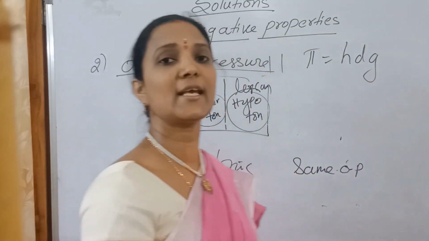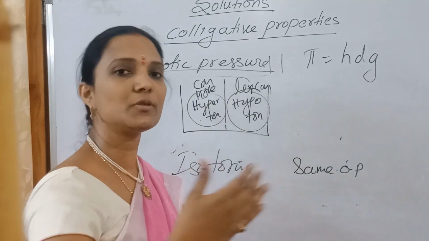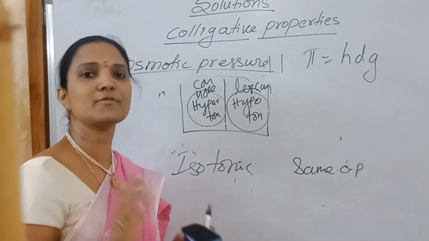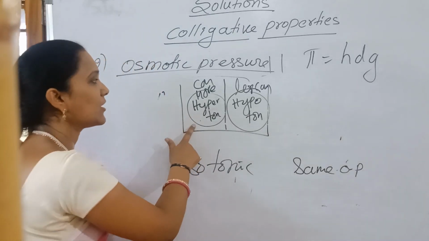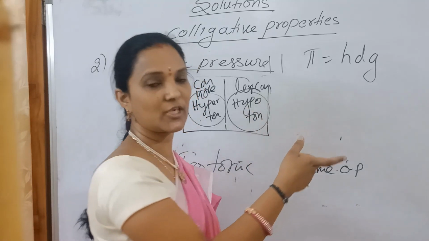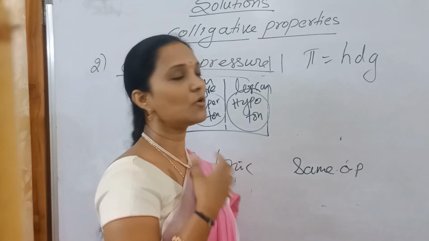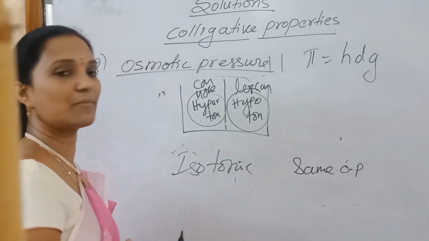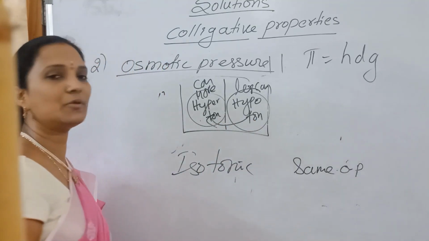Now flow of solvent takes place from hypertonic to hypotonic, hypotonic to hypertonic, or no flow of solvent. Like this, options are given. Then what is the answer? Hypertonic means a highly concentrated solution. Hypotonic, low concentration. Flow of solvent always takes place from less concentration to more concentration through a semi-permeable membrane. Yes or no? Nothing but now flow of solvent is from hypo to hyper.